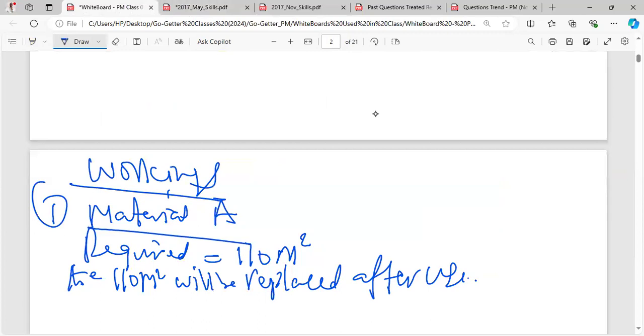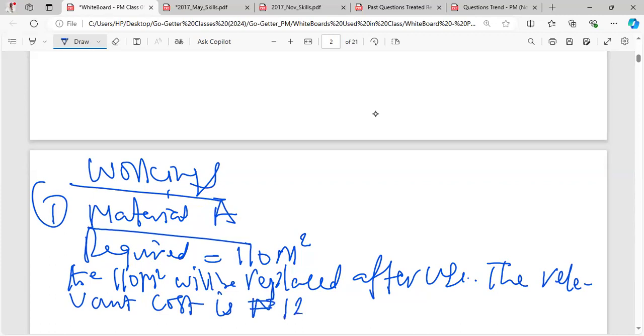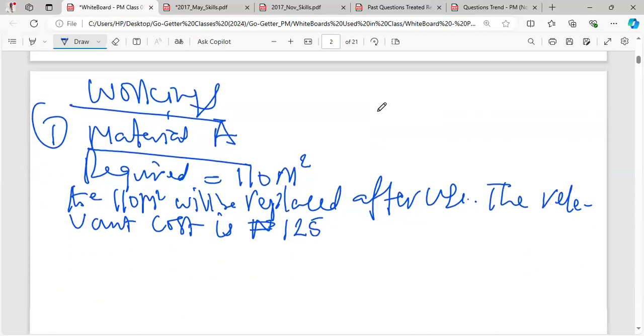The relevant cost is 125. So what do we do now?